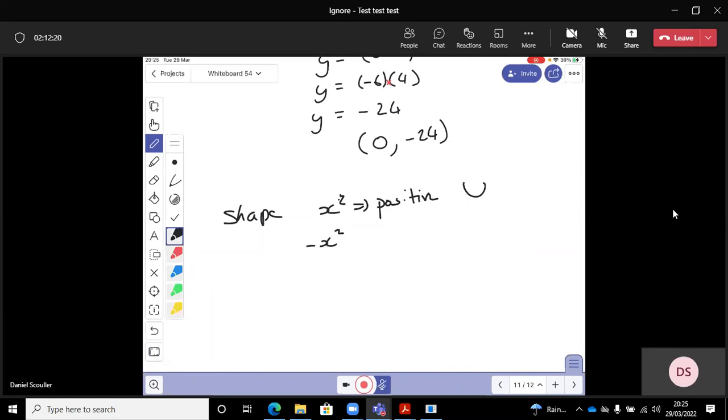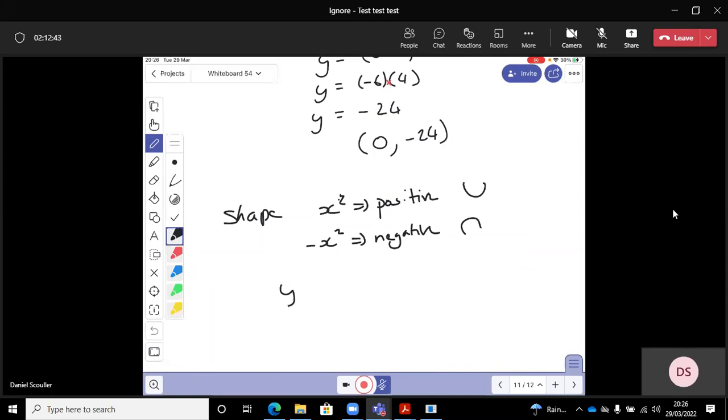If the x squared term is negative, unhappy face. So the shape of your parabola, which is just what we call that shape, if its x squared term is positive, then it's a smiley face. If the x squared term is negative, it's an unhappy face.